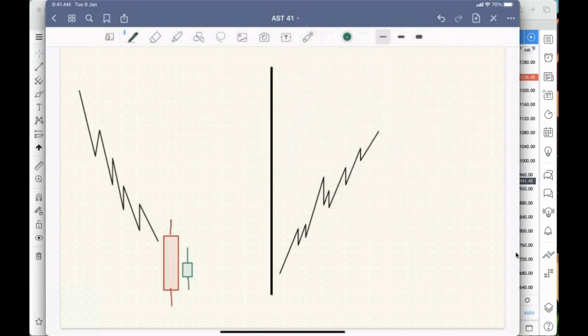The first day is a green positive candlestick with the flow of the market, and the second day is a small red candlestick, very small body, inside the body of day 1. This is a very, very powerful pattern. The left one is called the bullish Harami pattern. The right one is called the bearish Harami pattern.